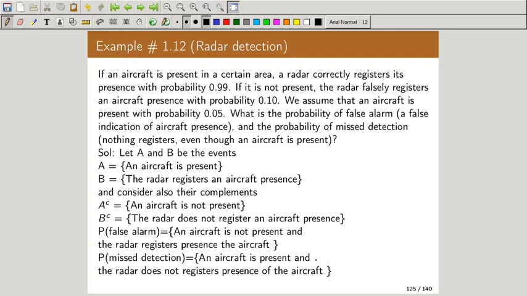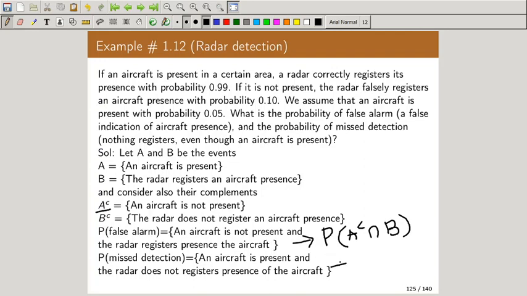Now, if you write in terms of events, the probability of false alarm would be the probability that an aircraft is not present, which means A complement, and the radar registers the presence of an aircraft, which means A complement intersection B. That is the probability of false alarm.